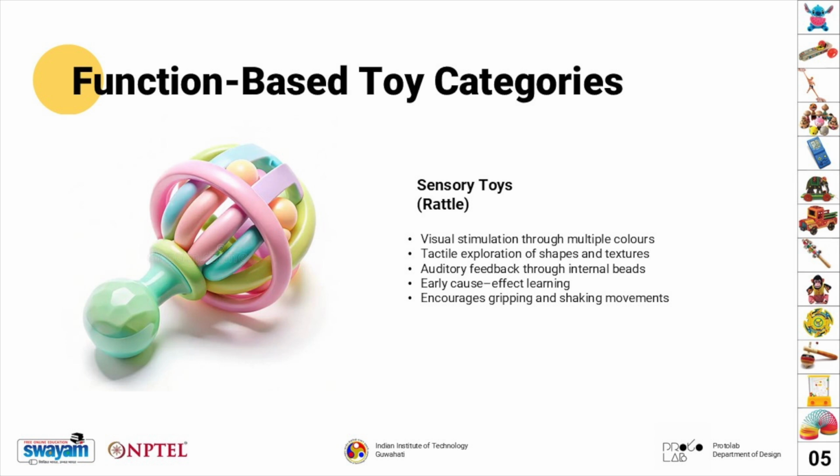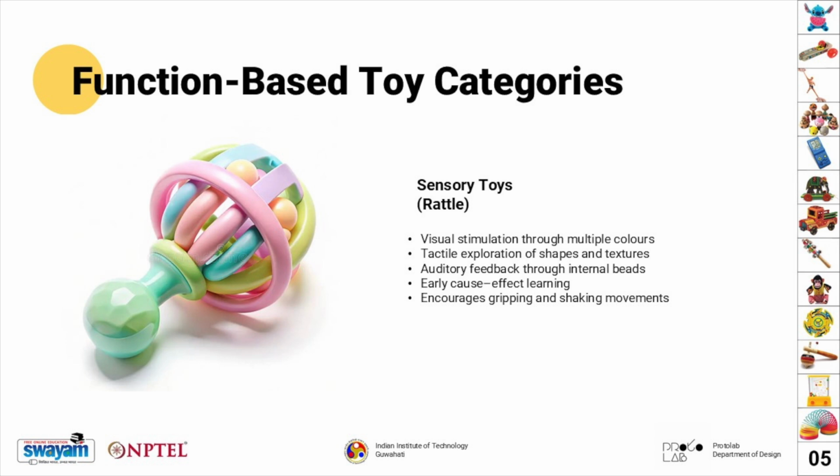It uses different colors to help the child visually separate each part of the toy. It also offers tactile exploration through rounded bars and a textured handle, so the child can feel the shapes and surfaces. And finally, there is auditory feedback.